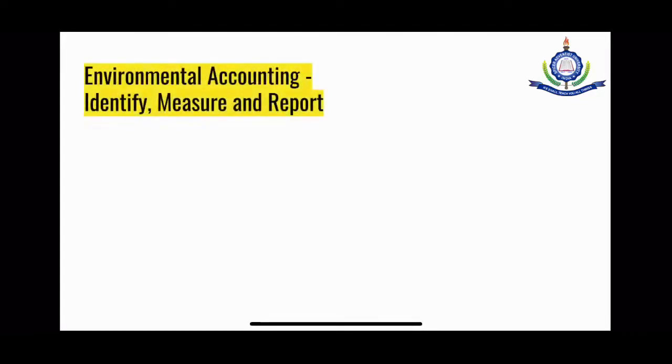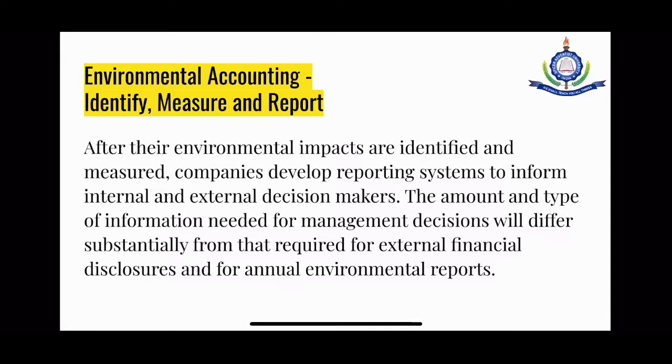The third part of the definition talks about reporting. So we report whatever we have observed, and then we make these reports available to both internal and external decision makers. Now, the type of report that we are preparing will be different for different kinds of users. So, for the management, they would require a certain type of report which will help them in making decisions.